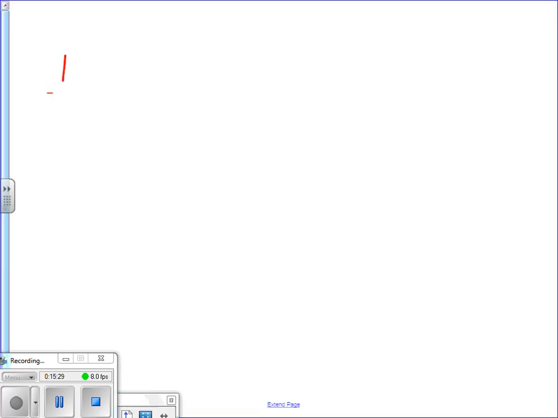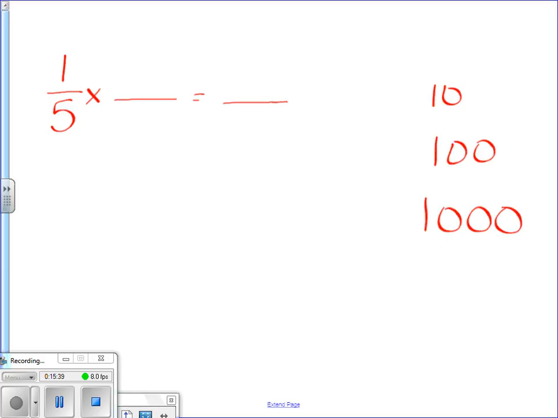So if I have 1/5, what is the smallest power of 10 that 5 is going to go into? 10 makes the most sense, correct?